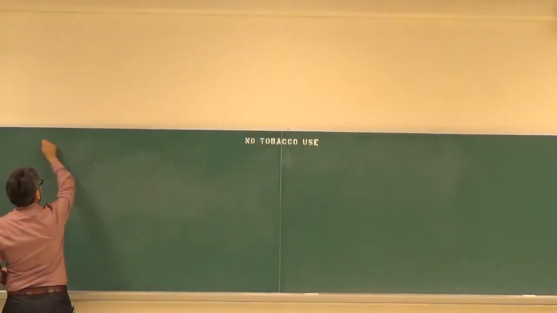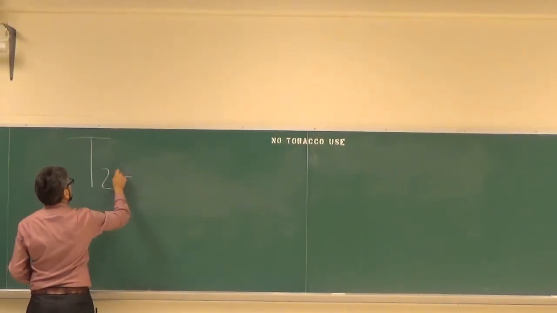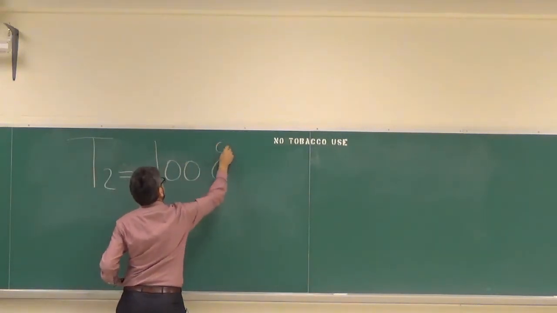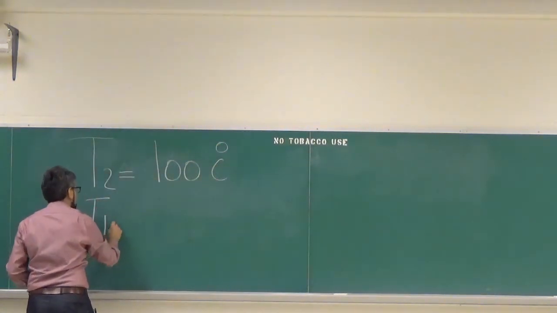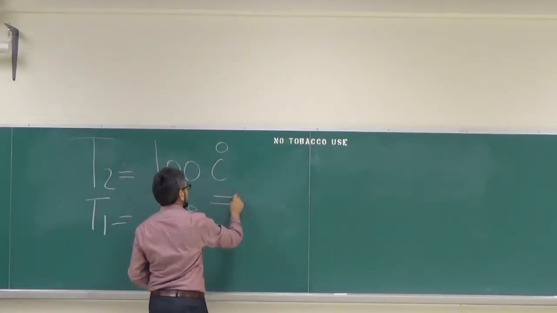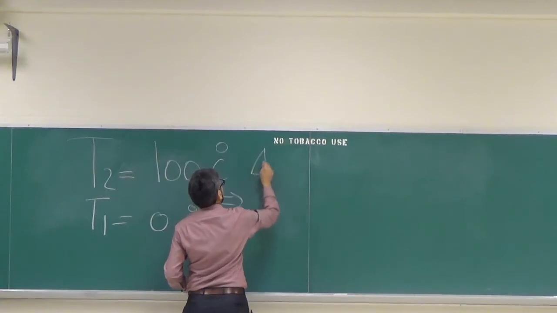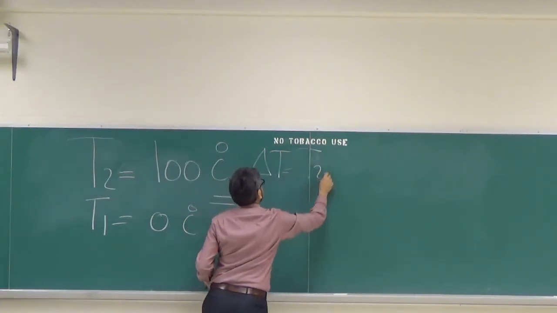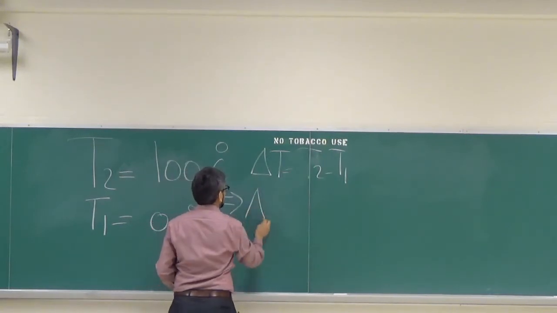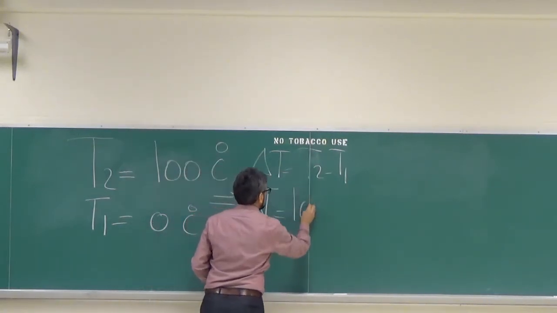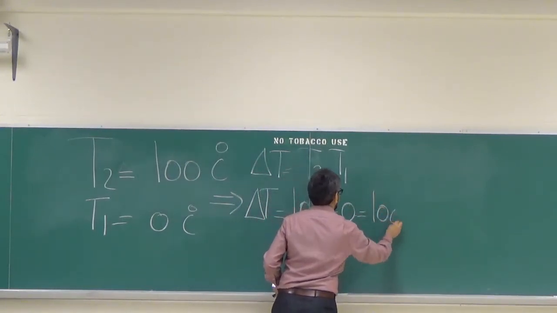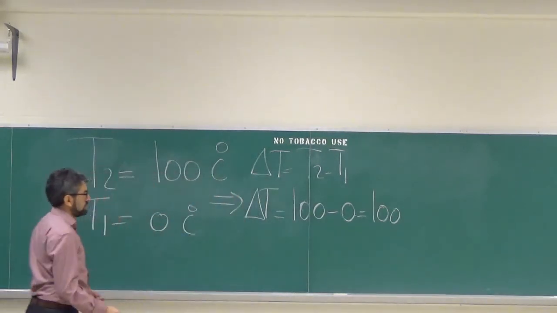So we got T2 equal to, say, 100 degrees Celsius, and T1 equal to 0 degrees Celsius. Delta T is equal to T2 minus T1. So delta T is going to be 100 minus 0. This one still is 100. Mathematically, it did not change the number.